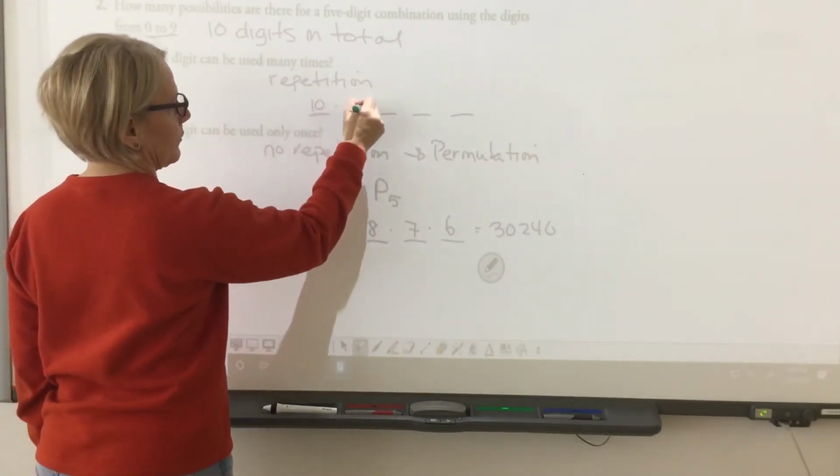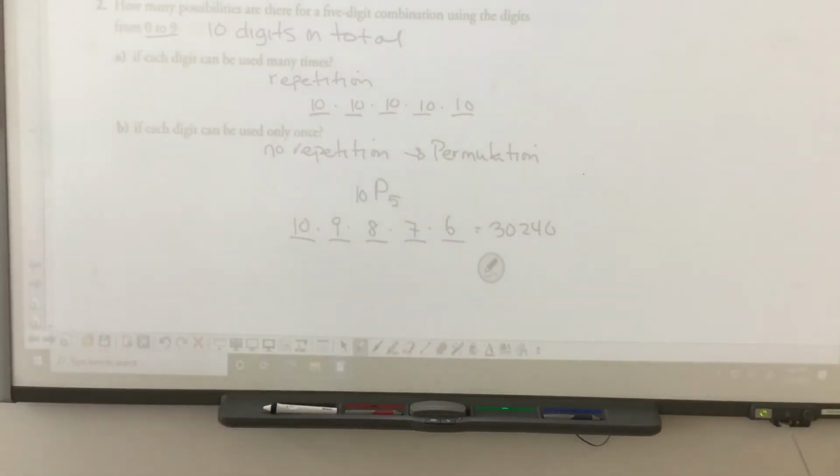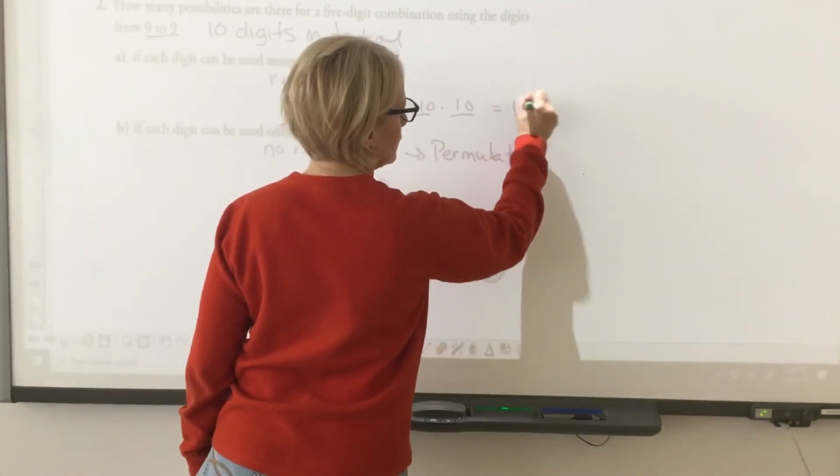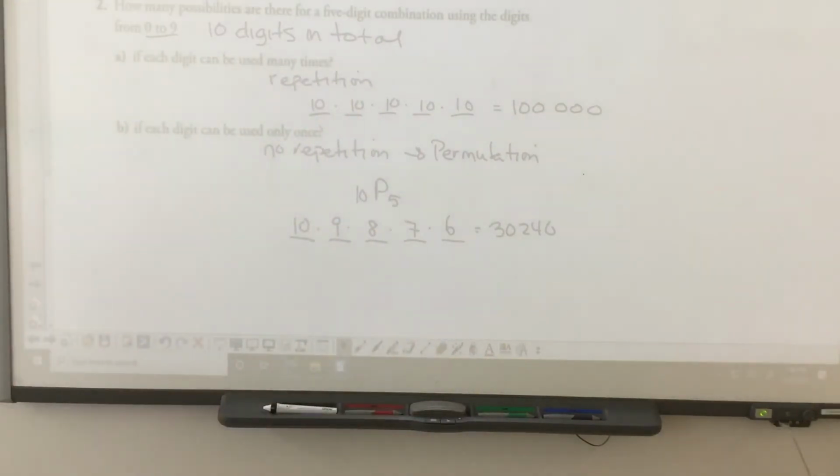And since I can repeat, it's just 10 each time. And that ends up being more than 100,000. Which should make sense, that if you're allowed to repeat something, you're not decreasing the size of the set that you're choosing from each time, so you should get a larger number.